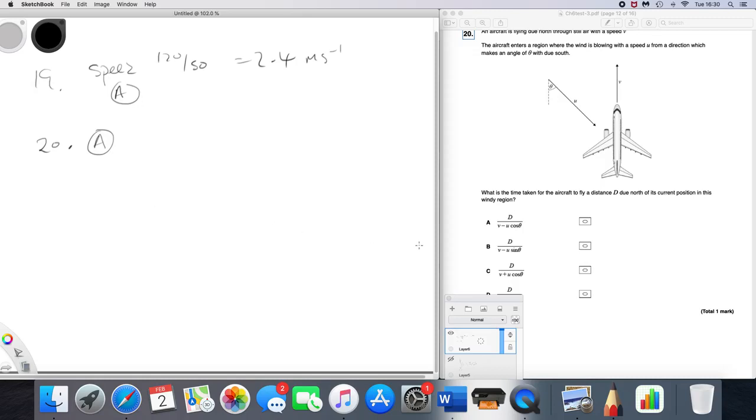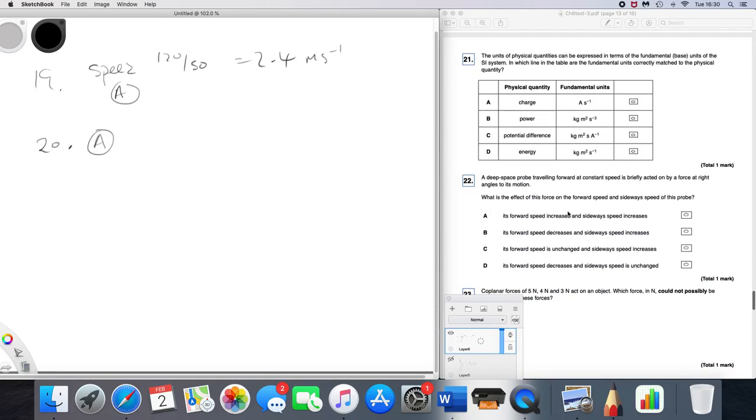21. Units can be expressed in terms of fundamental base units in the SI system. In which line on the table are the fundamental units correctly matched to the physical quantity? Charge. Well, current is coulombs per second, so coulombs would be amp seconds.